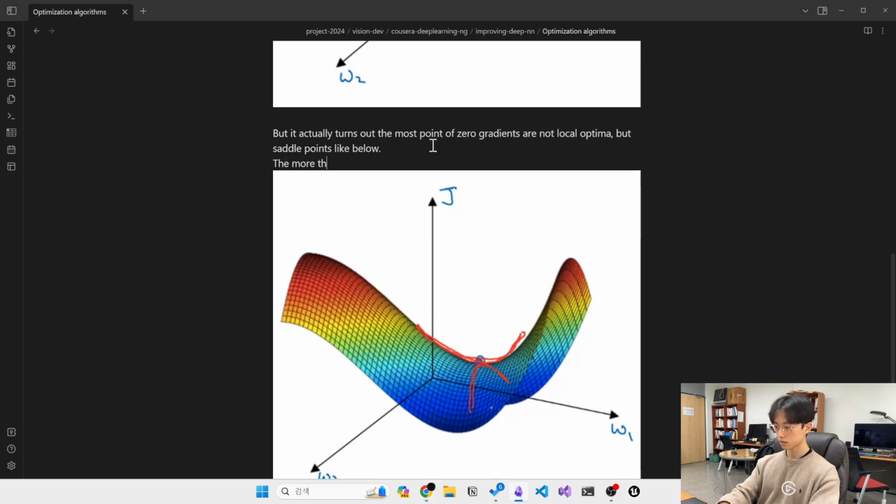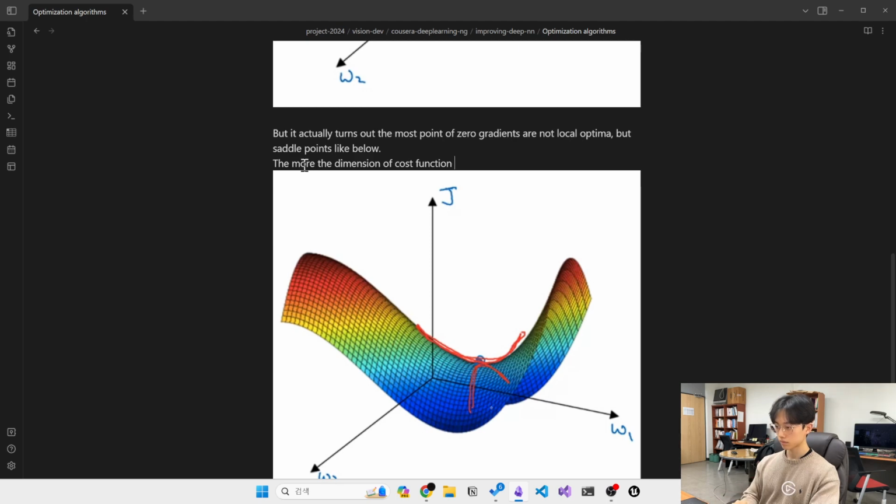Instead, most points of zero gradient in a cost function are actually saddle points. So that's a point with a zero gradient. Again, this is maybe W1, W2, and the height is the value of the cost function J.